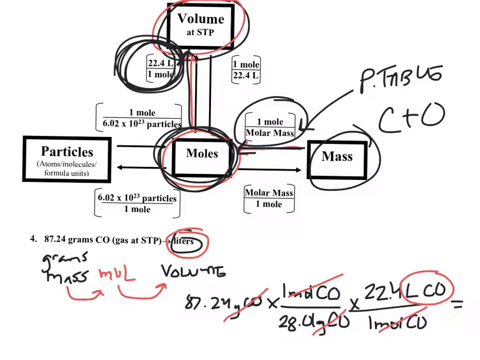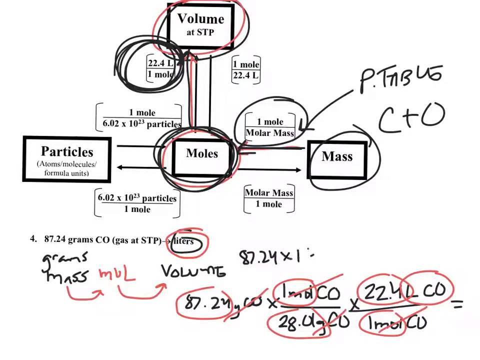So if you put that in your calculator, remember you're always going to multiply the top numbers and then divide by the bottom numbers as well. So anything on top multiply, anything on the bottom divide. So this will be 87.24 times 1 divided by 28.01 times 22.4 divided by 1.